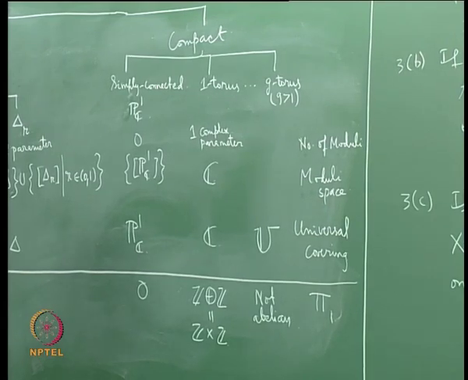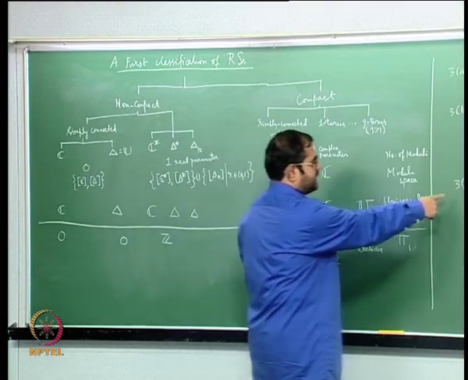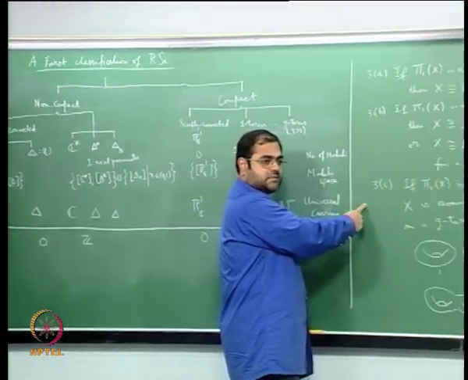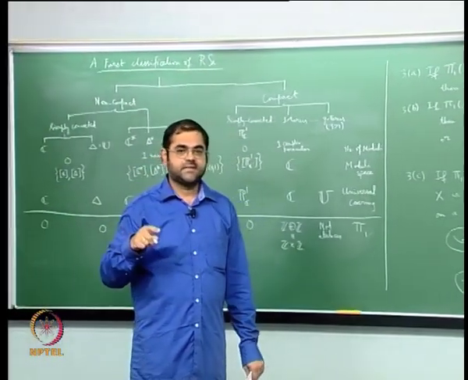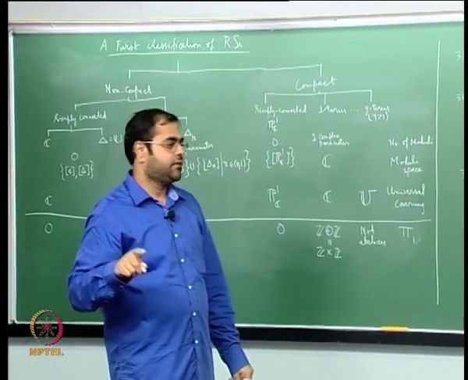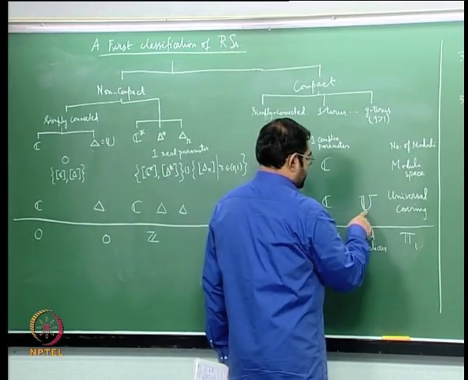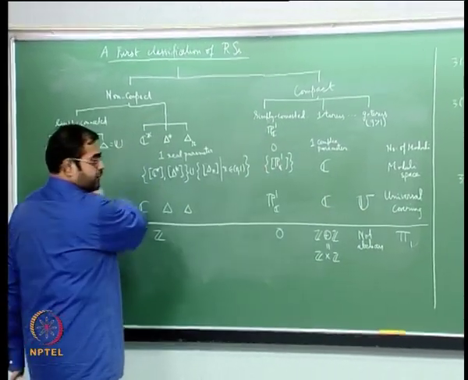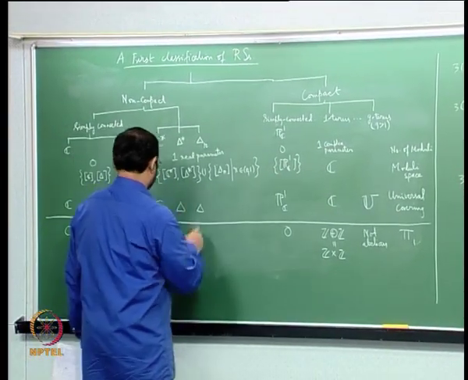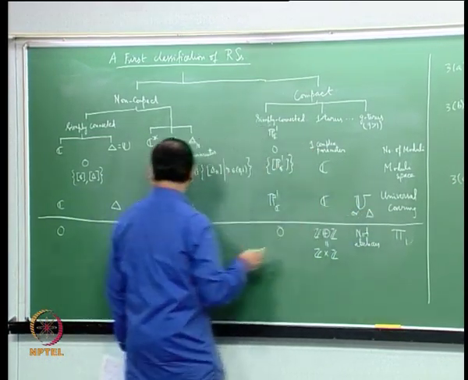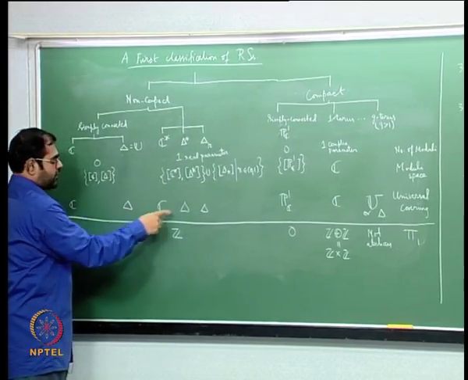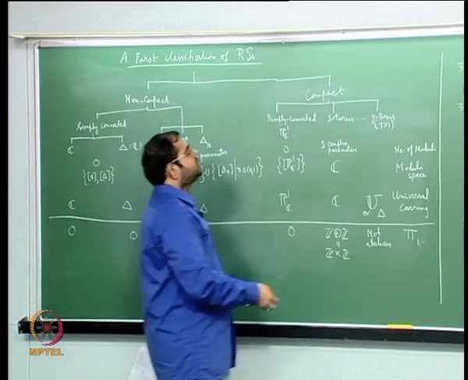So that is the third case in the statement of the theorem, which covered the case when the universal covering space is the upper half plane, okay. The universal covering space upper half plane is the same as the unit disk, mind you. So wherever I write delta, I can also write U, or delta or U, okay.